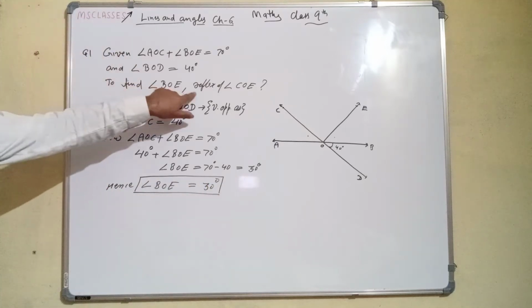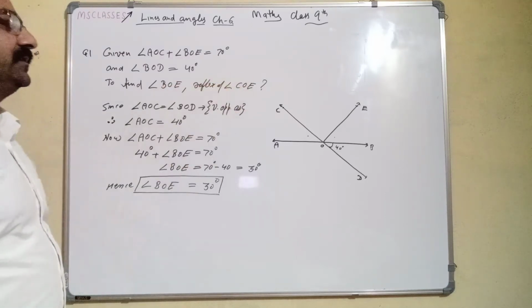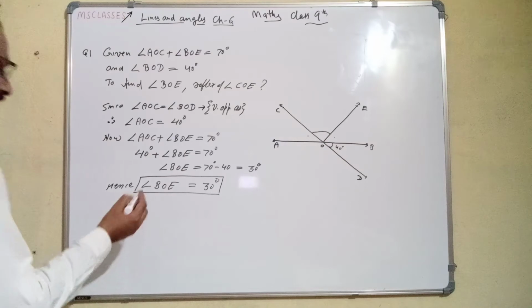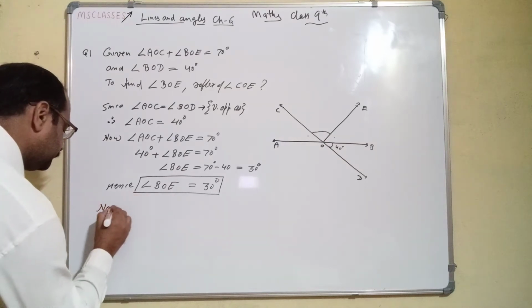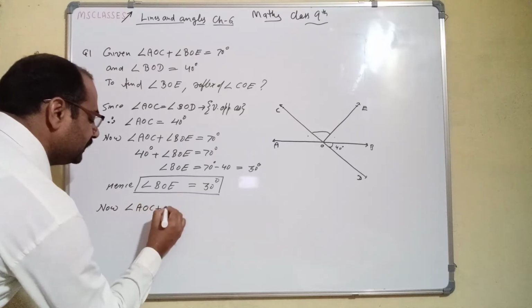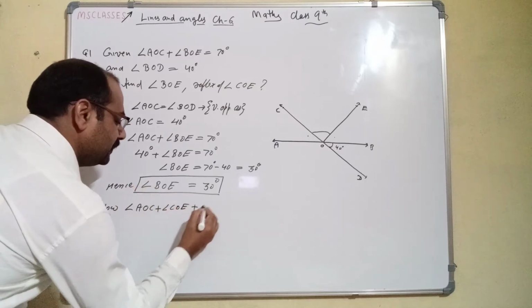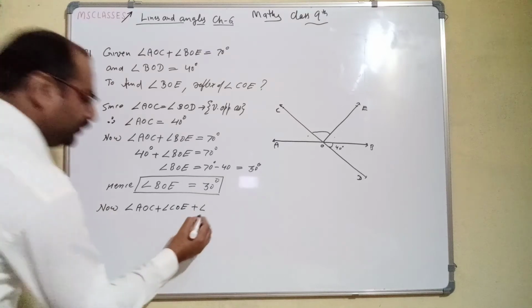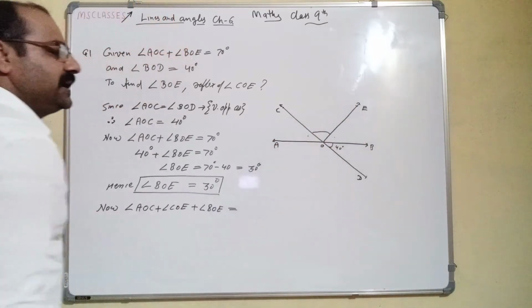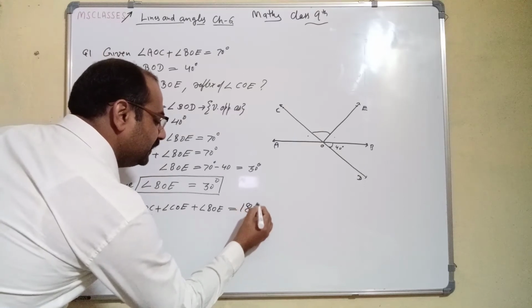Now you have to find the reflex of angle COE. But before reflex of angle COE, you have to calculate angle COE. So where is angle COE? Here, this is angle COE. Now we know angle AOC plus angle COE plus angle BOE is equal to the sum of these three angles. All the three angles are on the straight line, that's why these are 180 degree.